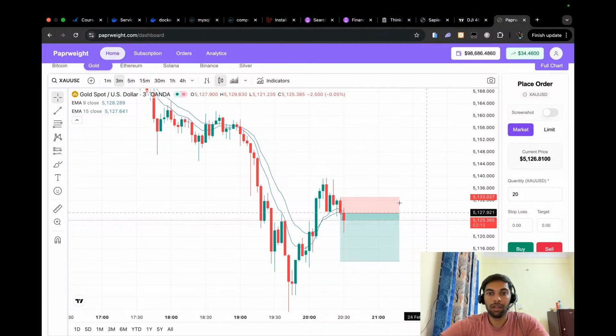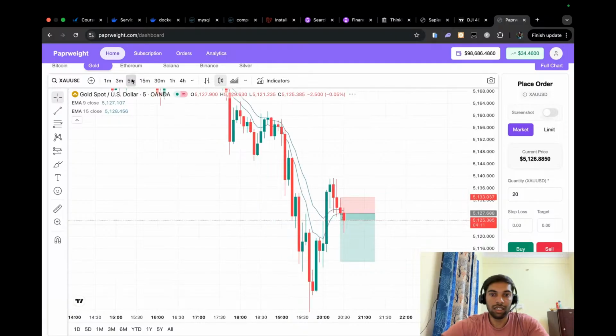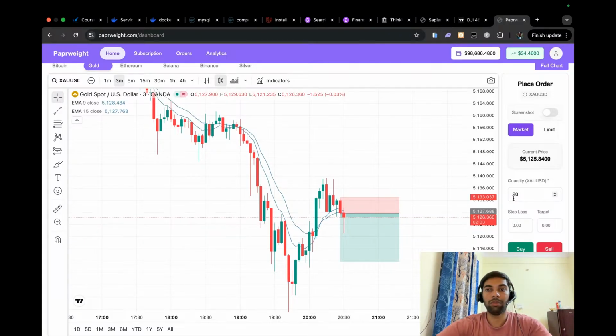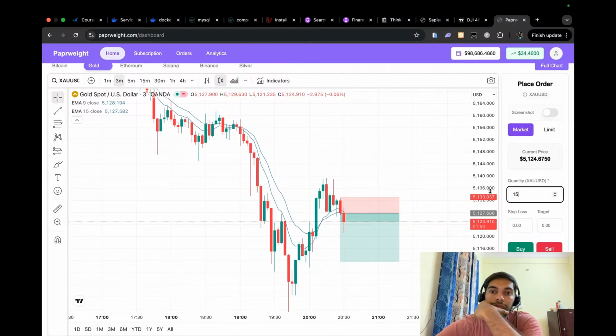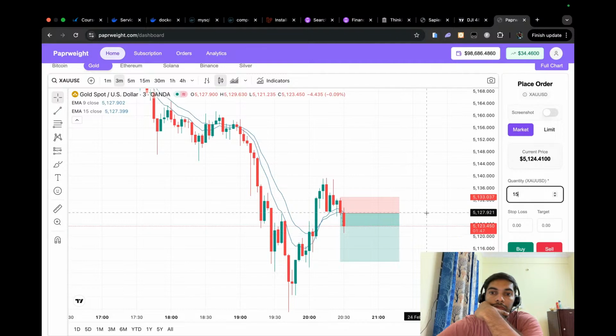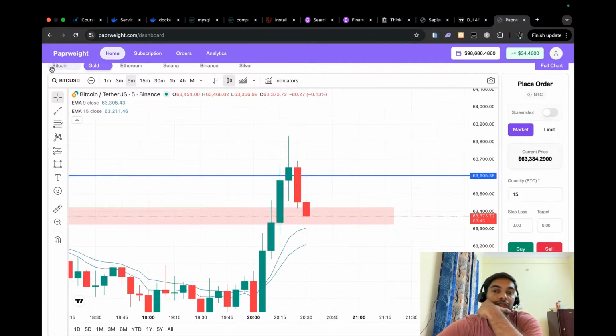Let's see how this candle is going to close, or let's give some time for this candle to close. It's already fallen.